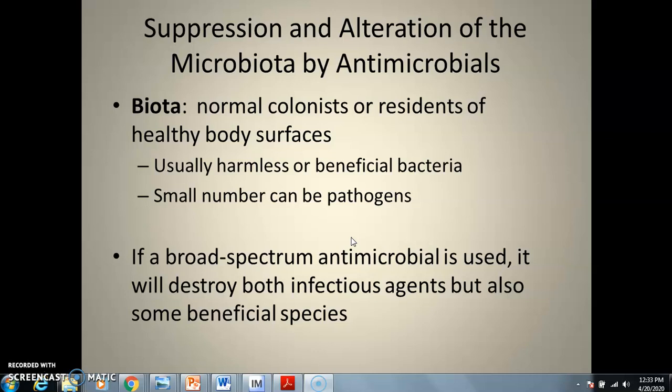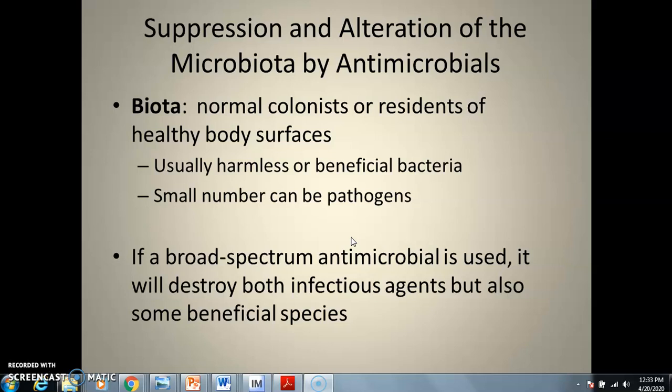And so when you take an antibiotic, it's not necessarily that these organisms are safe, right? The type of drug you take might impact your natural biota as well.